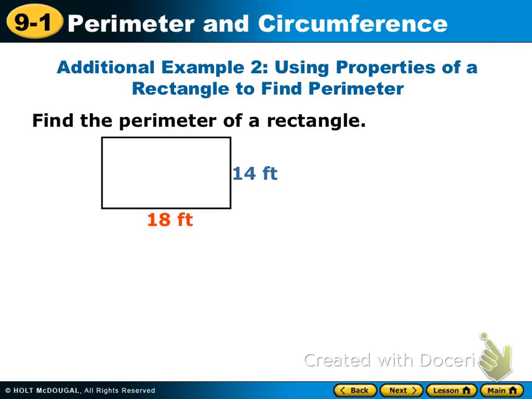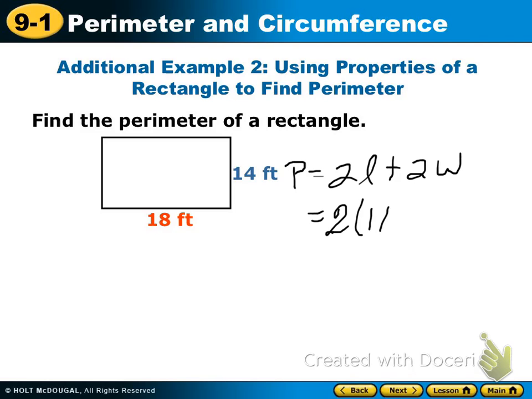Now you have perimeter equals 2L plus 2W. And then you have 2 times 18 plus 2 times 14.